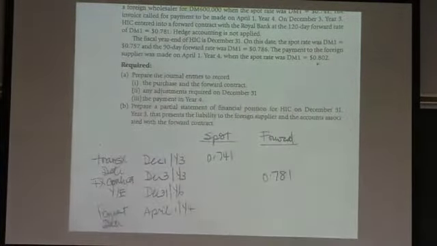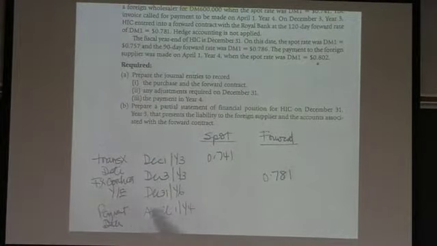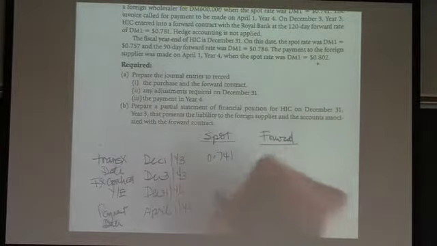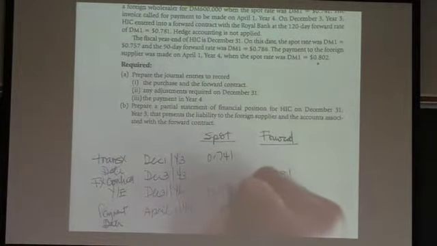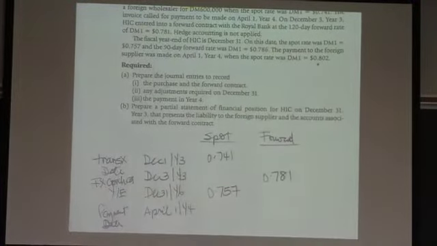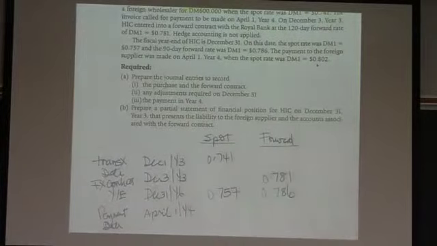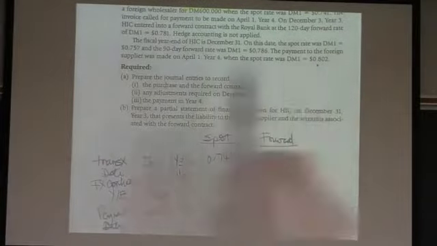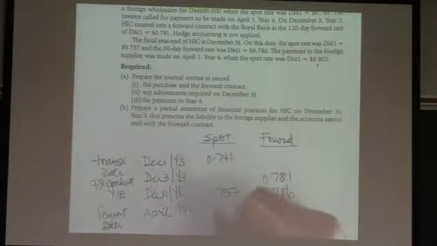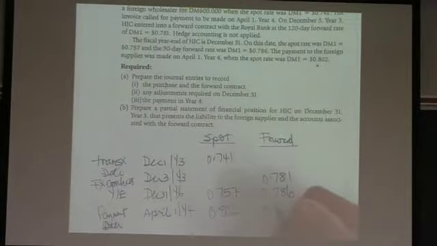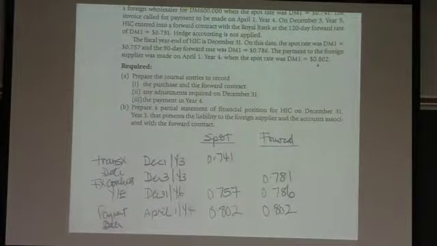And this is similar to the question that we just did, the Manitoba export. December 31st, the spot rate was 0.757, and the 90-day forward contract rate is 0.786. And on the date of payment, the spot rate is 0.802, and presumably the forward contract rate is the same on that date as well.